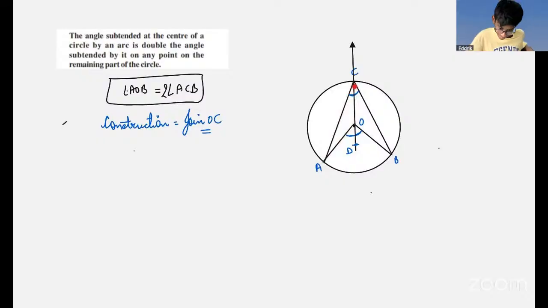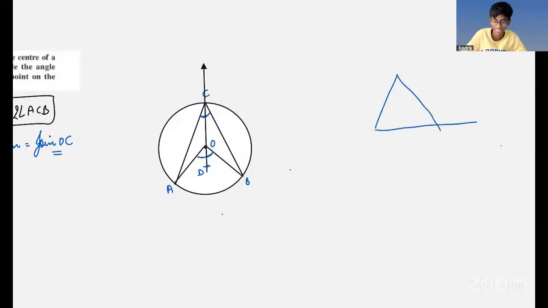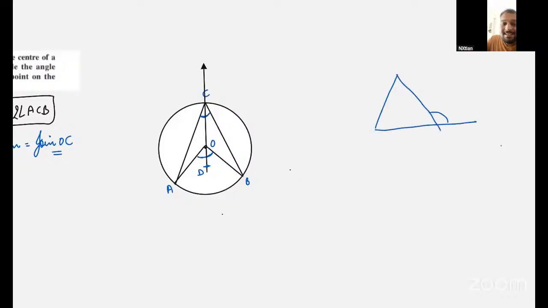And we have this angle. If you didn't remember this, it's okay. This is a triangle, and in the triangle this is called the exterior angle.